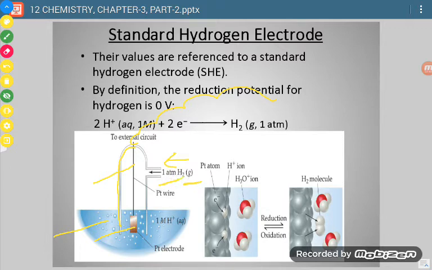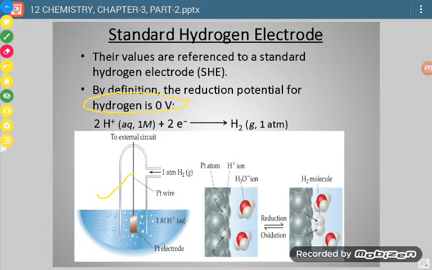So whenever we connect it with any other half cell, then either oxidation occurs in this cell or reduction occurs in this cell. So it means this half cell can act as anode as well as cathode. It depends on the other half cell how this is going to act. Now by convention, the cell potential of this half cell is taken as 0 volt.